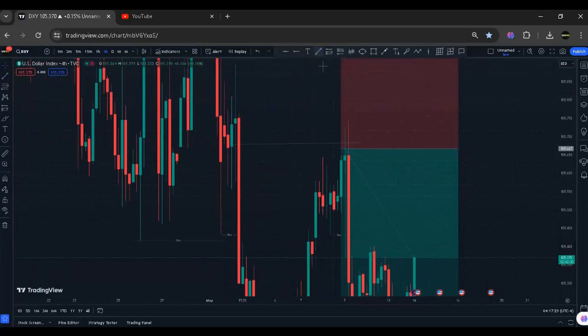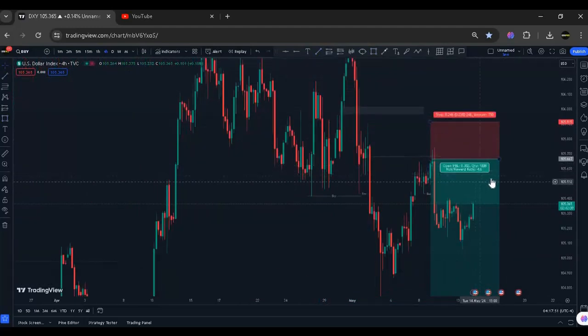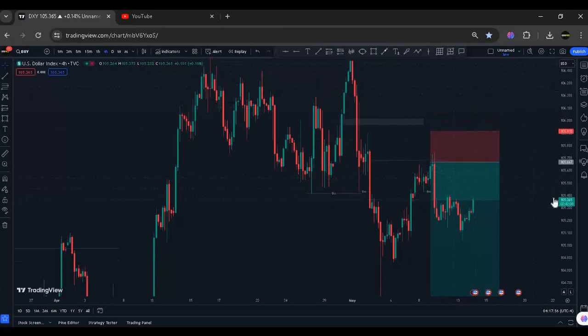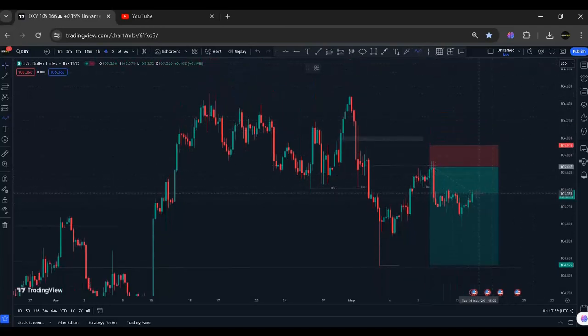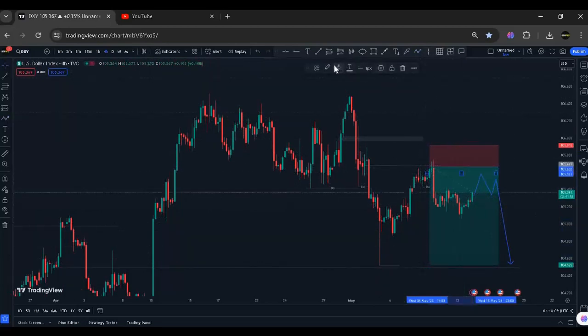The PD array that interests me a lot is this inverse fair value gap, and I feel like price is likely to come to it before continuing to the downside. So that might look something like this. I don't know if you can see the fair value gap. Price is likely to come into that inverse fair value gap, then continue to the downside.